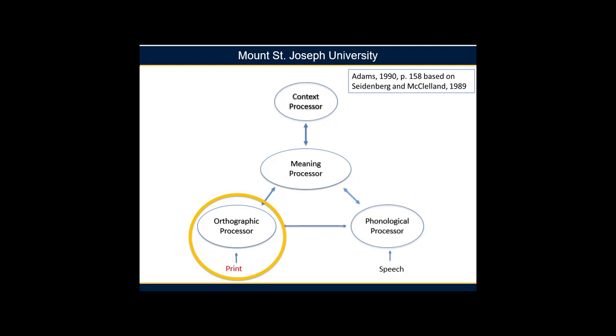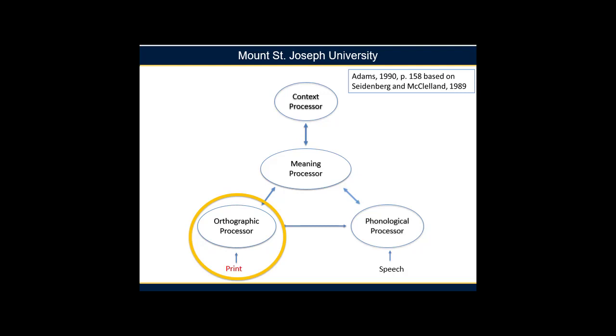This involves print. The orthographic processing system is involved in receiving the visual information from the printed page. It recognizes letters, punctuation marks, spaces, and the letter patterns in words. It enables us to copy lines of print, recognize words as whole units, or remember letter sequences for spelling.